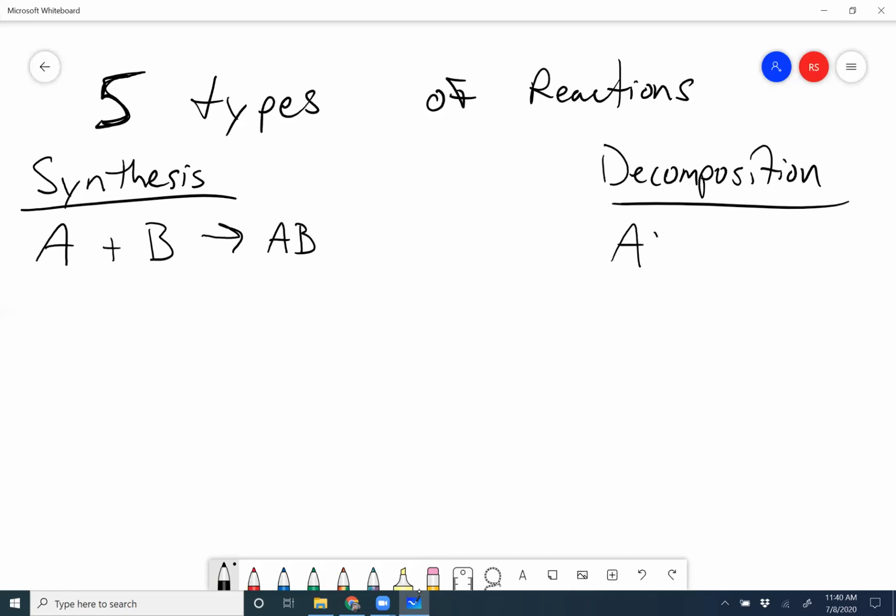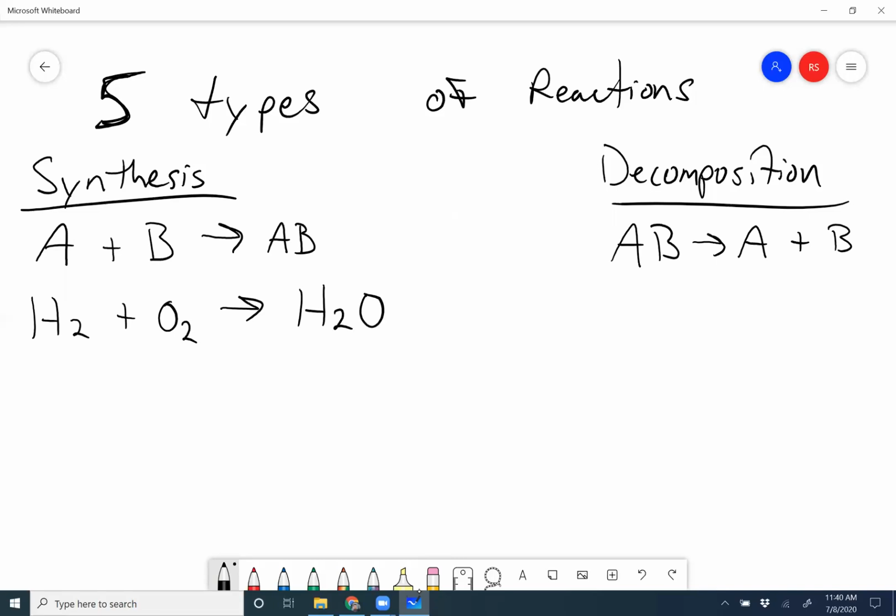On the opposite side of things, a decomposition reaction only has one reactant. Because in a synthesis reaction, we're going to fuse 2 things together, and in a decomposition reaction, we're going to split them apart. So a great example of this is what looks like the combustion of oxygen, but is really the synthesis of water.